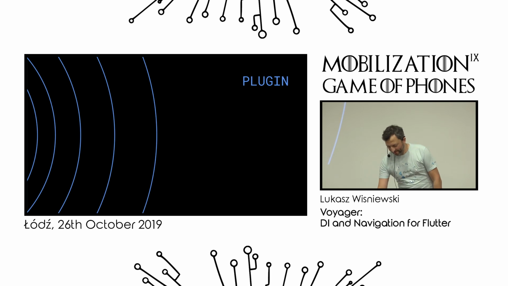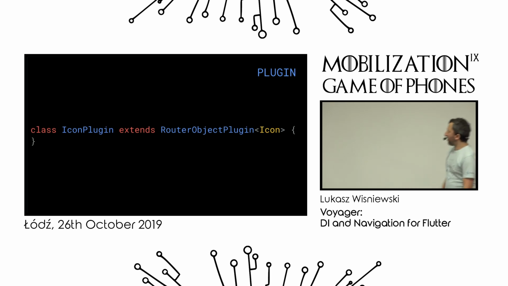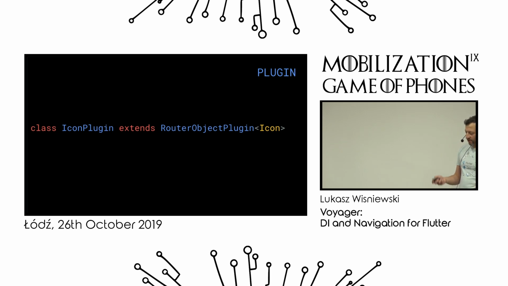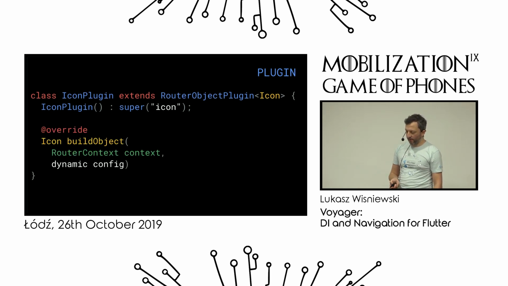Speaking of which, here's how we could implement one of these plugins. We start by extending RouterObjectPlugin, and then we specify what type it is and which icon node we're going to handle.